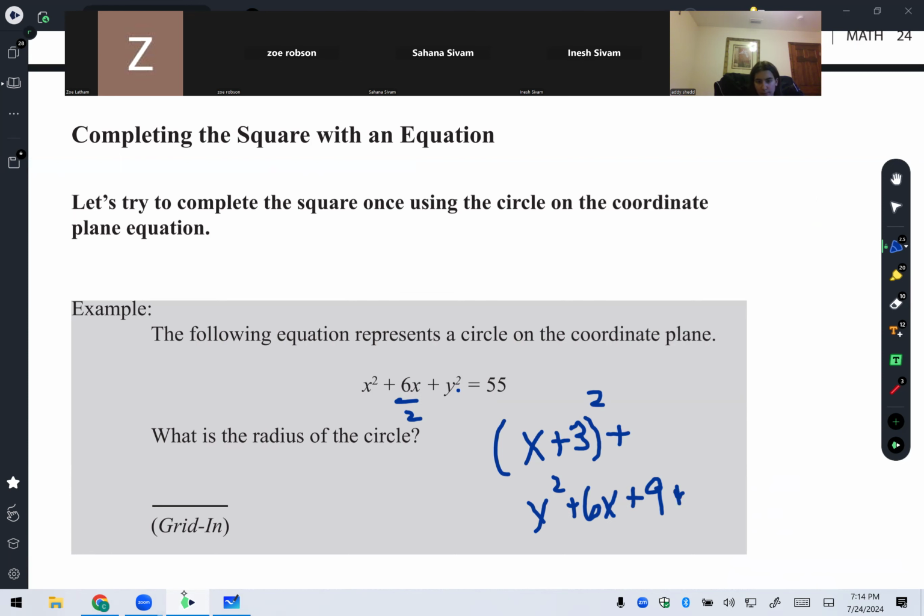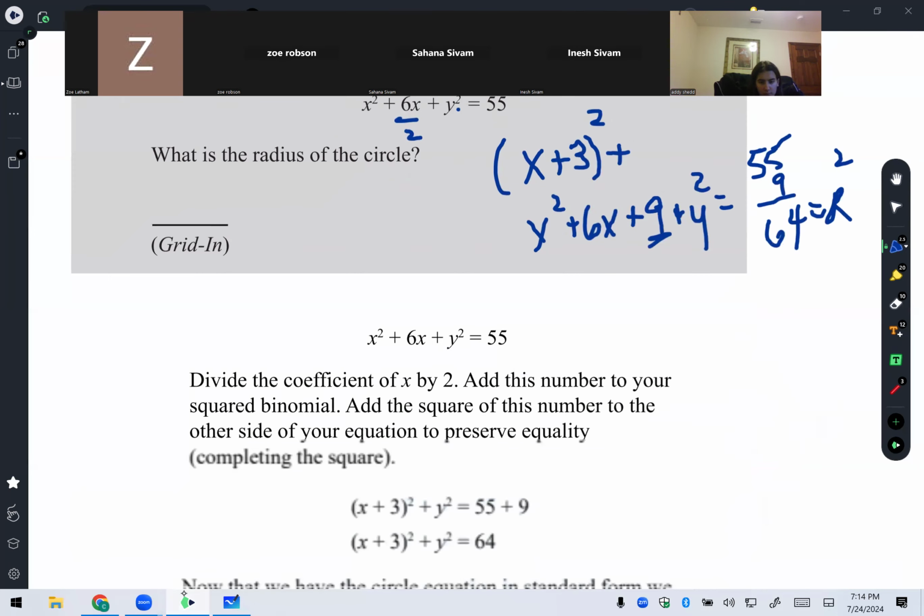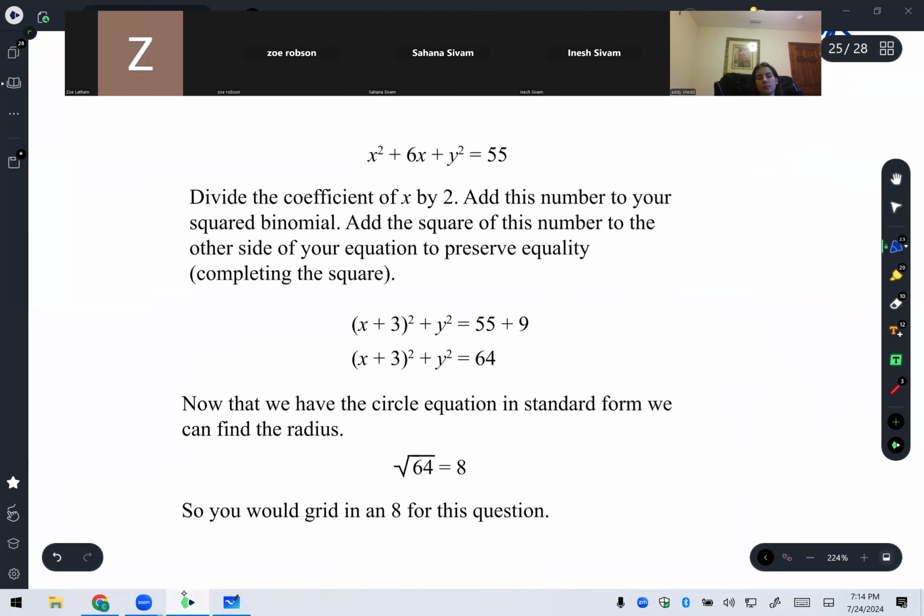That 9 was never there to begin with, so you just add it to the other side. Since I added a 9 here, I just add a 9 over here. They're usually perfect squares, and that's a good thing. And so the radius was 8.